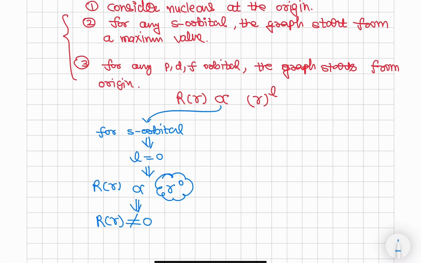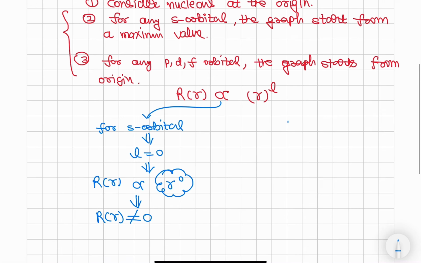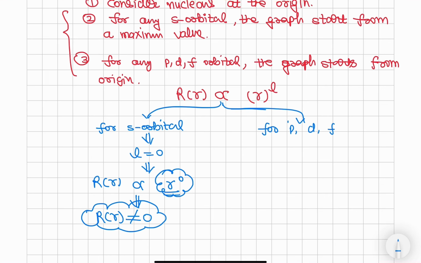But in case of p, d, f orbitals, the value of l is 1, 2, 3, so R(r) is directly proportional to r to the power 1, r squared, and r cubed respectively.